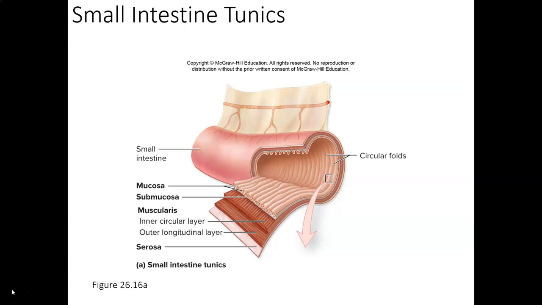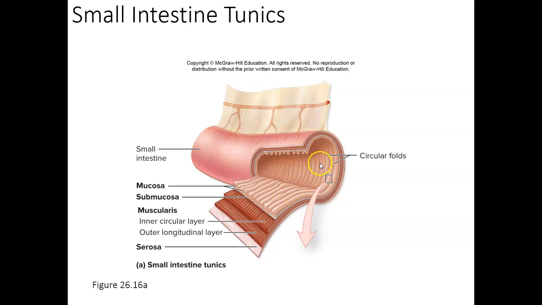Now let's move on to the small intestine. Here is a dissection of the small intestine wall, and you can see the same four tunics, and it seems like nothing extraordinary about it. If you look closer, the mucosa in the small intestine is quite unique.